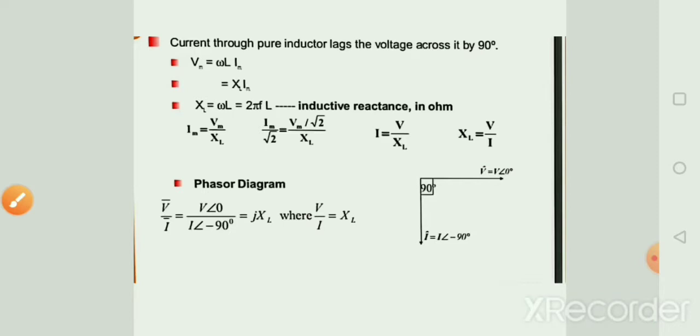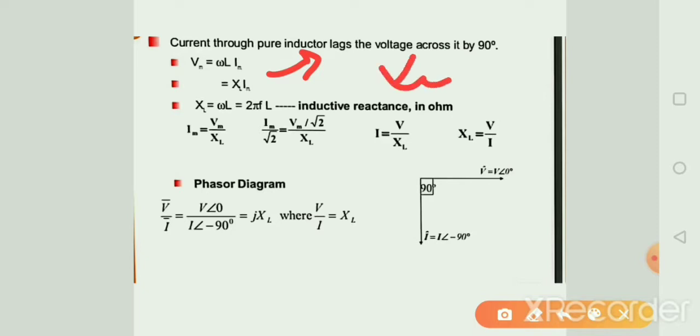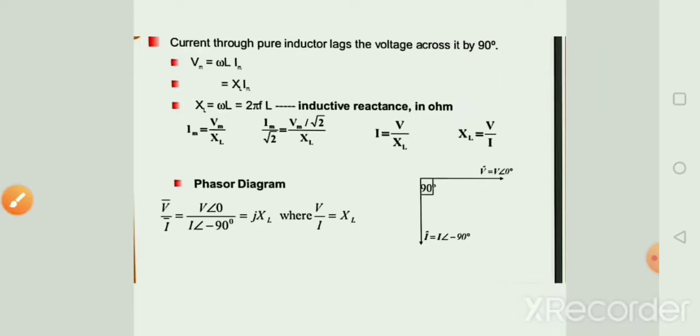And we know that V is equal to I into R. Here R is XL, and we know that XL equals omega L, with omega equal to 2 pi f. So V equals XL into Im, and if we put these values in this equation, we get XL equal to V over I.